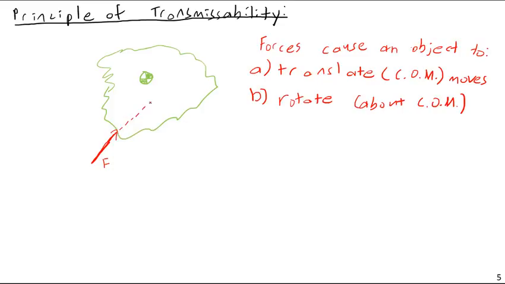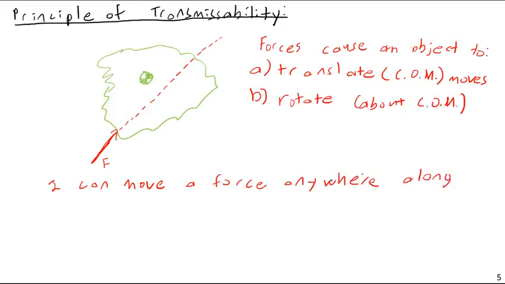What the principle of transmissibility means is that I can move a force anywhere along its line of action, and it will still cause the same tendency to translate and rotate in an object.